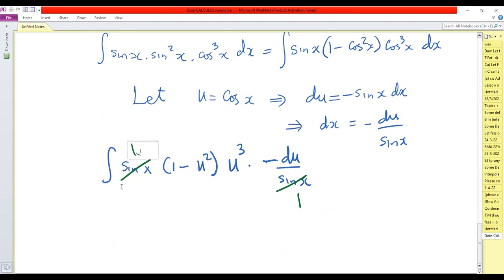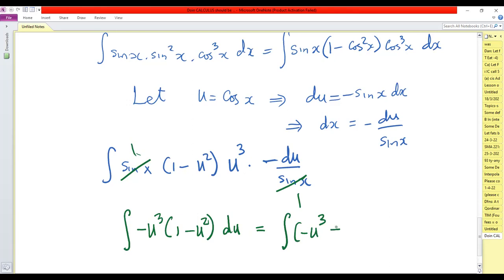So then we remain with the integral of negative u power 3 into 1 minus u squared du, which can be written as the integral of negative u power 3 minus is plus, 3 plus 2 is 5, and then du.